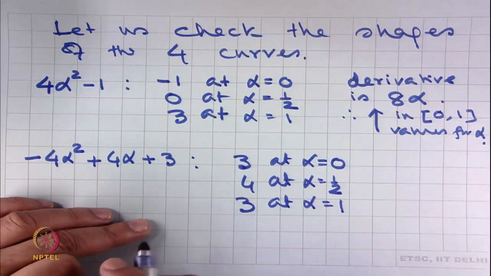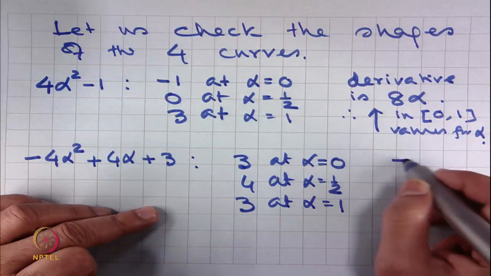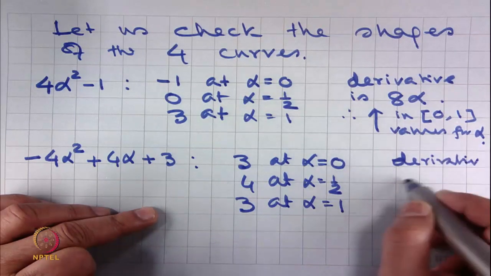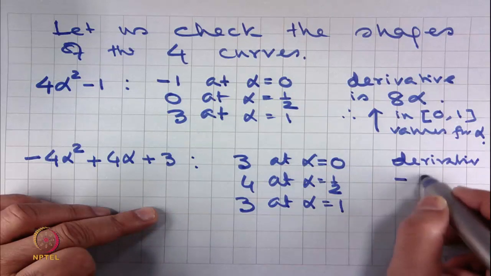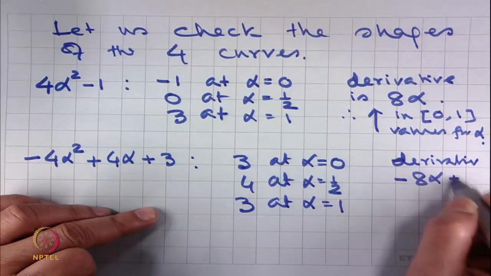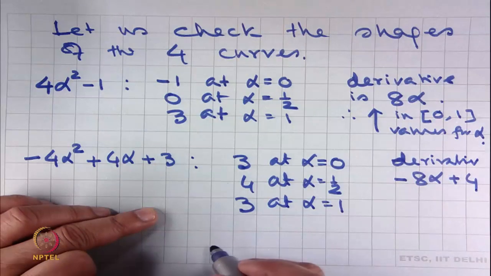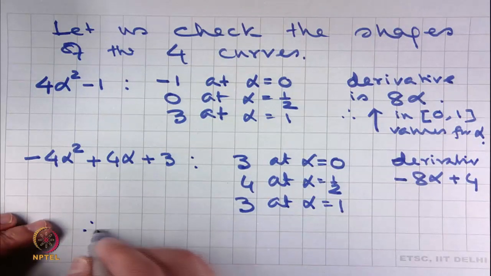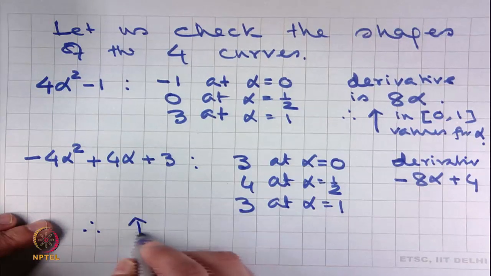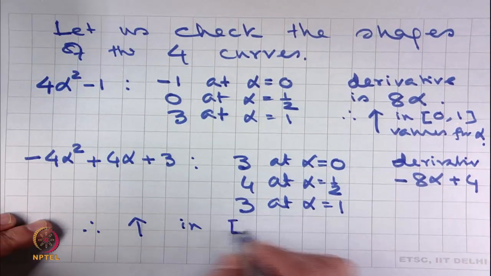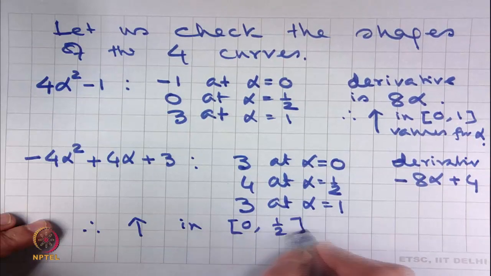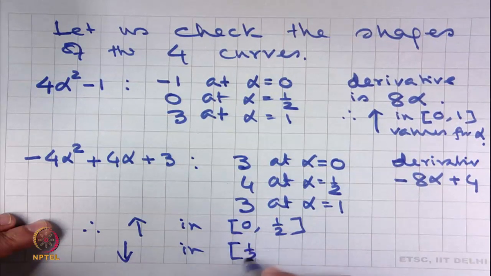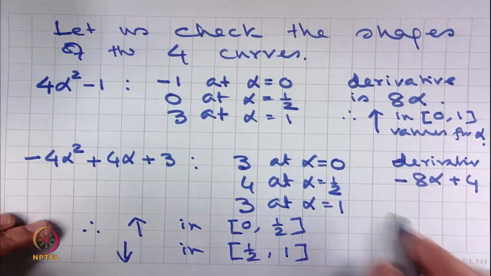And its derivative is minus 8 alpha plus 4. Therefore, it is increasing in 0 to half and decreasing in half to 1.